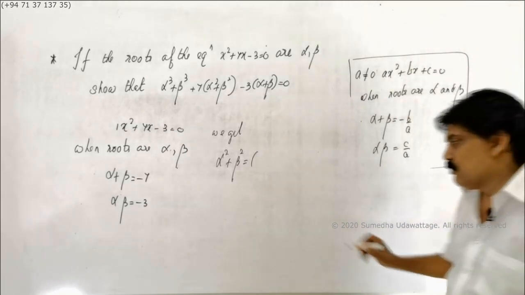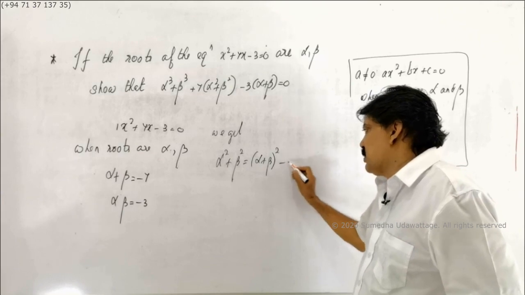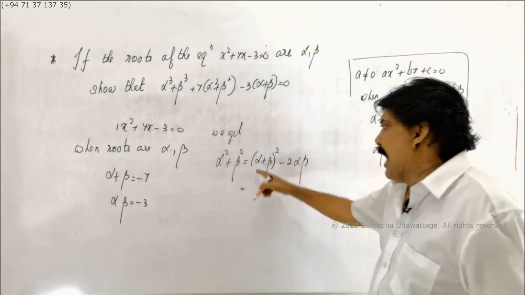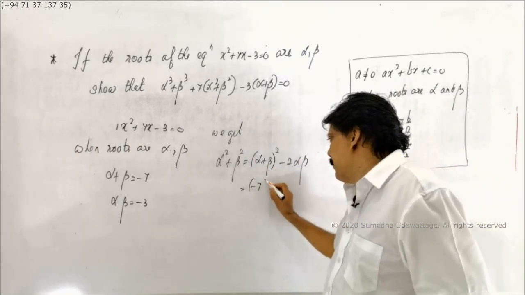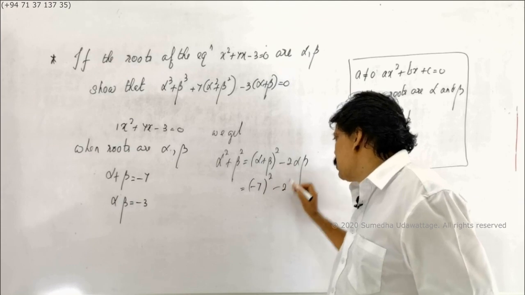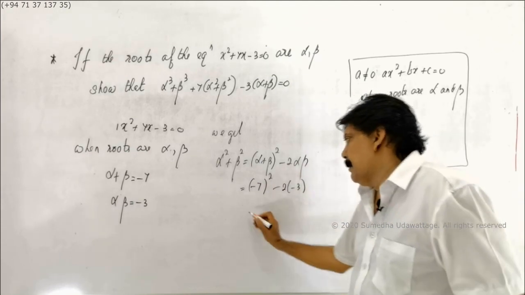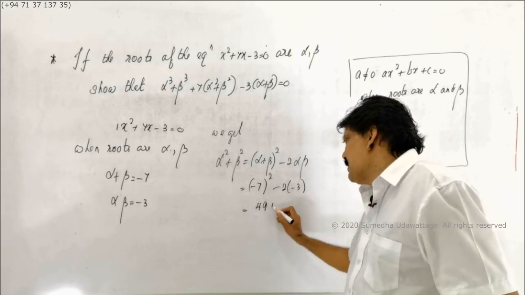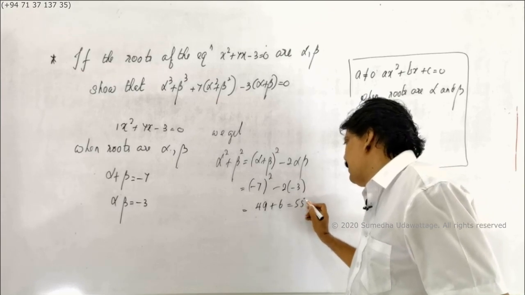It was alpha plus beta, complete thing squared, minus 2 alpha beta. Alpha plus beta was minus 7, complete thing squared, minus 2 alpha beta. Alpha beta is minus 3. 7 squared is 49, minus into minus, plus 6, is equal to 55.